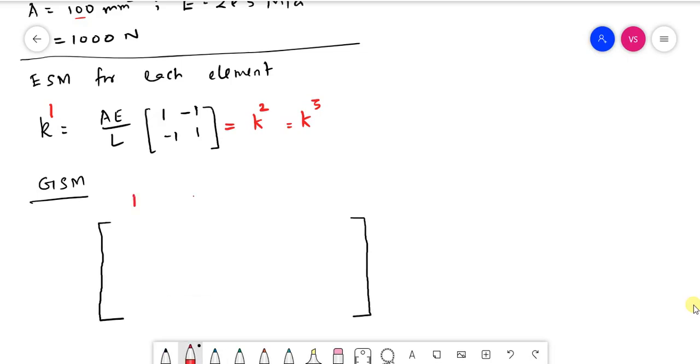So say this is 1, 2, 3, 4, and 1, 2, 3, 4. For the first element, it will be from here, here, here, and here. But since AE over L is the same for all the elements, I can take it outside. So here I have 1, minus 1, minus 1, 1.